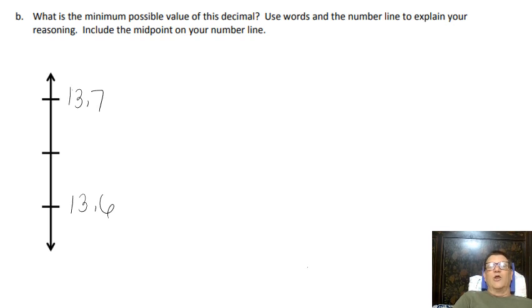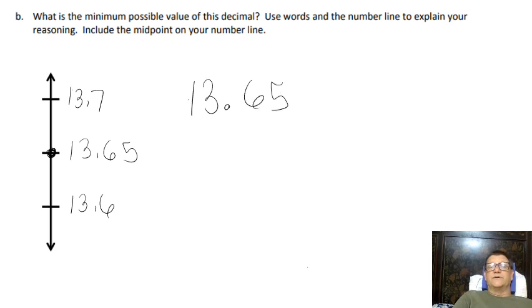I'm looking to see how low it can go. I know the midpoint here would be 13.65. And I know that if it was on this midpoint right here, it would round up. If it was below that midpoint, it would round down. So the smallest it could be and still round to 13 7/10 would be 13.65.